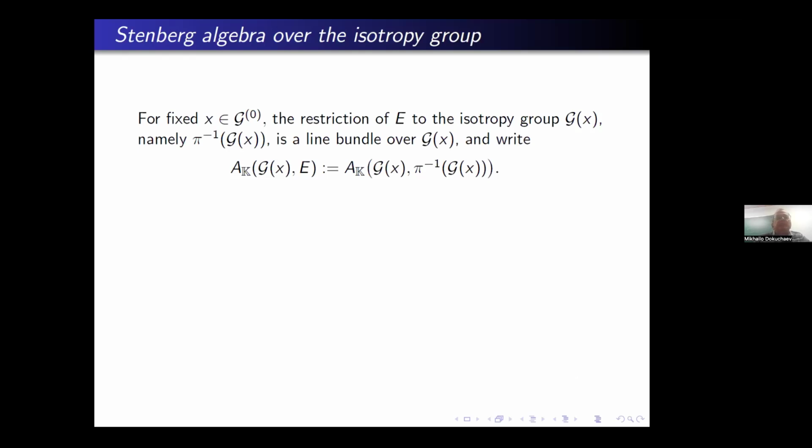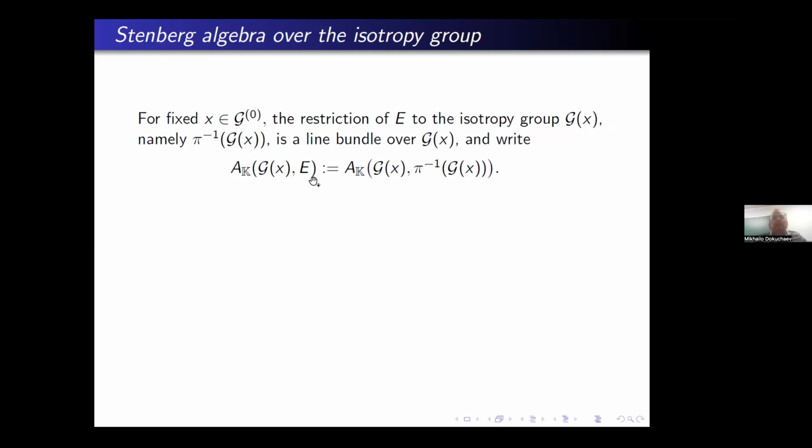Now, let's fix a point x in the unit space, and we will consider the restriction of the bundle to the isotropy group of this point. And it is, of course, a line bundle over the isotropy group.